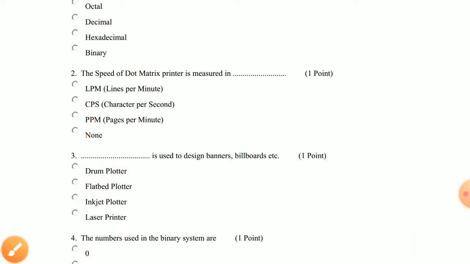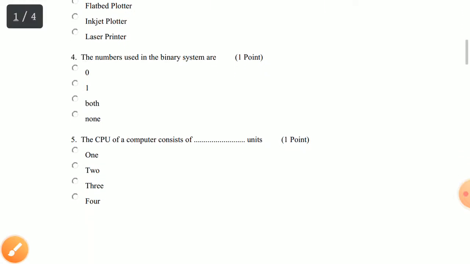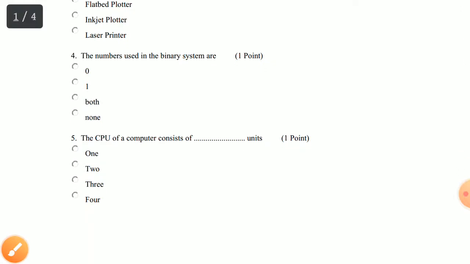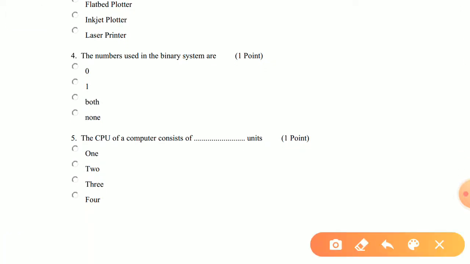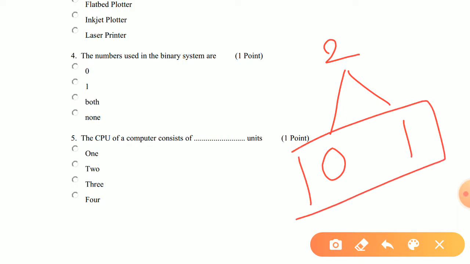For the fourth one, the numbers used in the binary system: in binary we have base 2, which means two numbers, 0 and 1. Both are used, so C is the answer, which says both.